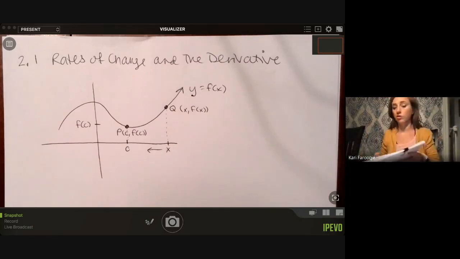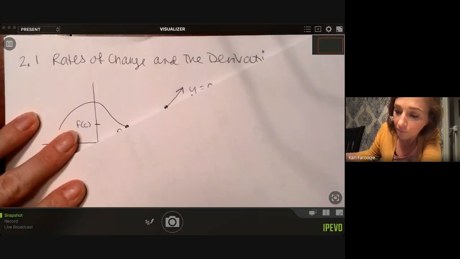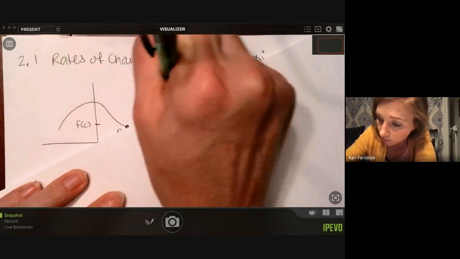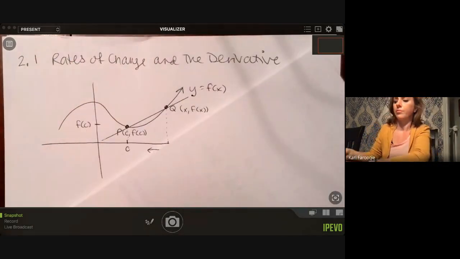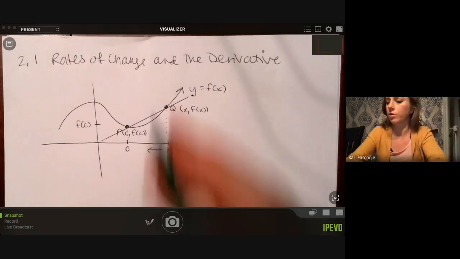I have no straight edge that isn't giant. Let's imagine connecting these with a secant line. A secant line is just a line that connects two points that run through a curve.